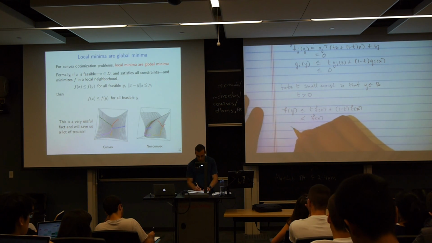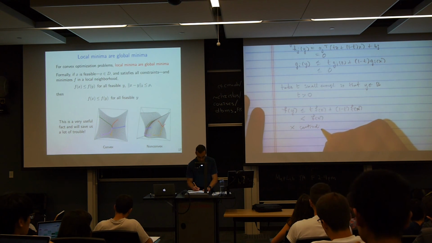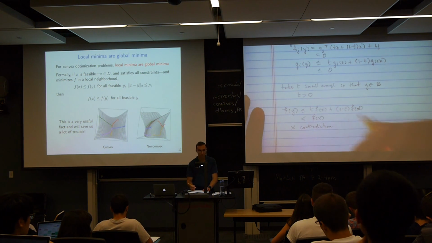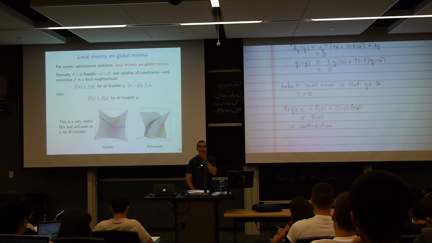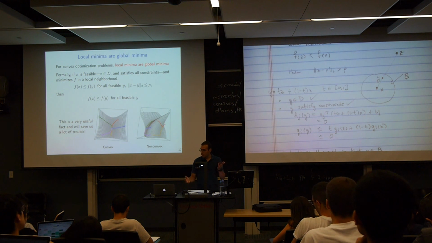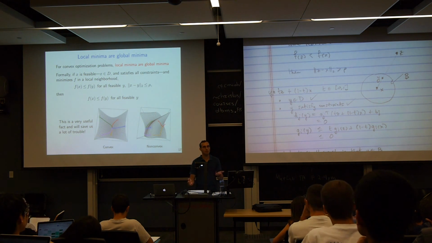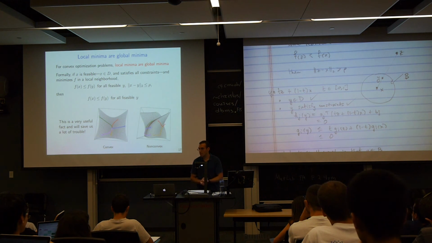That's a contradiction. Right, so there we have it. So just to back up, what we've proved is that every local optimum in a convex optimization problem is automatically globally optimal. That'll kind of be a very important fact that we carry with us.